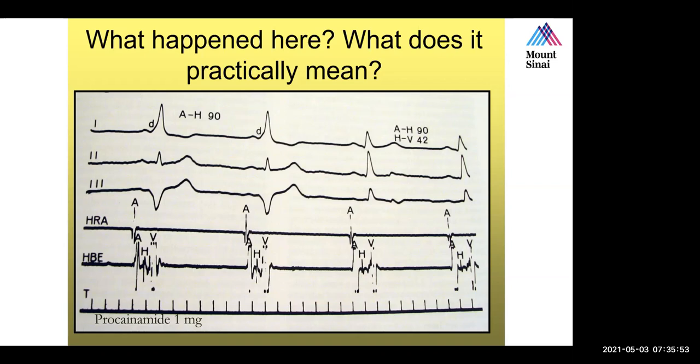And then I'm moving along the screen just to see if there are any changes. The voltage does change in lead 1 as we move to the third beat. Our AHV stays pretty similar. We say that our HV is 42.